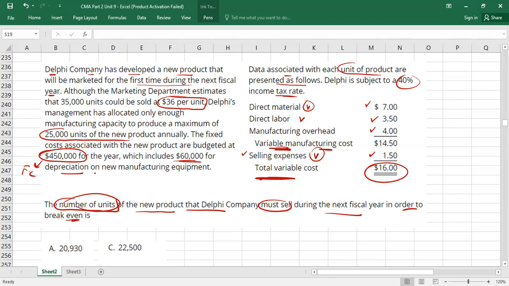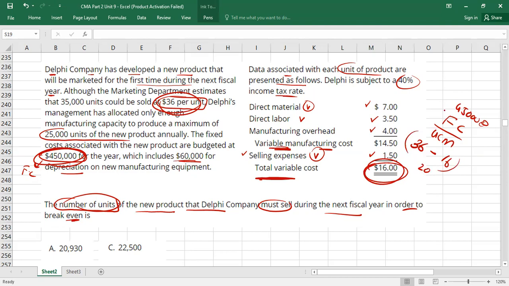And how would you calculate, guys? Simply you will take fixed cost divided by unit contribution margin. Fixed cost is given here, I'll take 450,000. And unit contribution margin I have to calculate. How? I'll take unit selling price, which is given here, 36, minus unit variable cost, 16. So 36 minus 16 is 20.